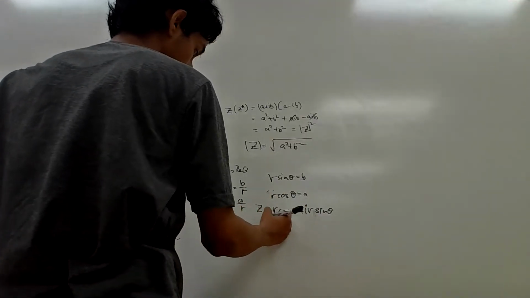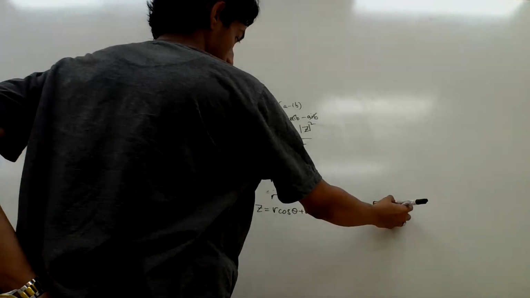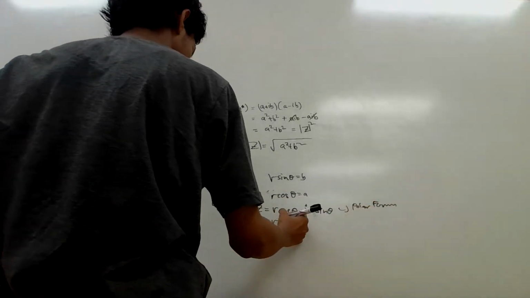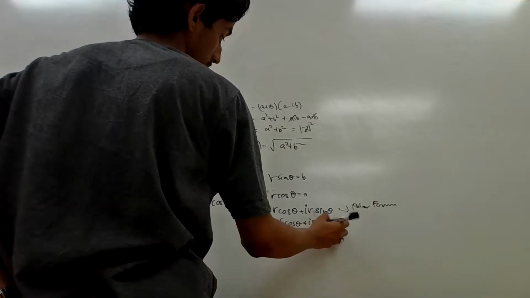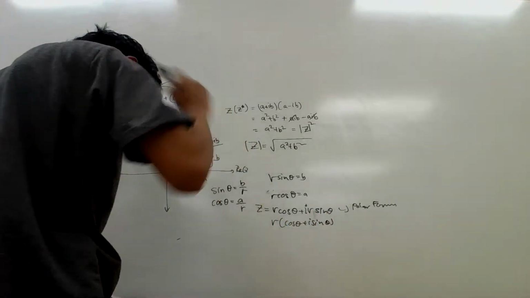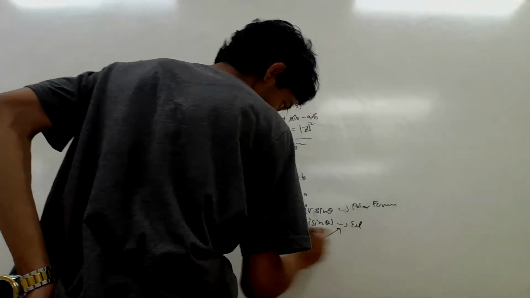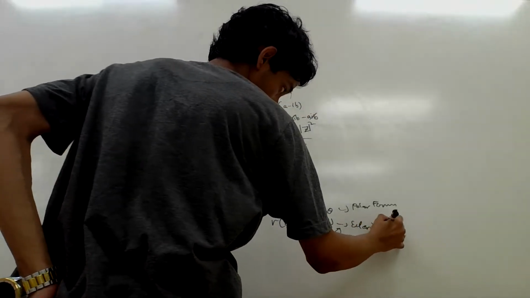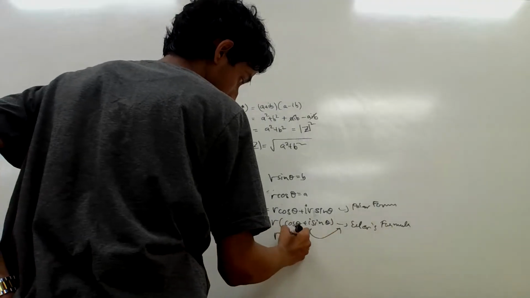This is called the polar form of it. Take r common, and it's r times cos theta plus iota sine theta. Whenever you go to Euler's formula from this part, Euler's formula can reduce this to this form.